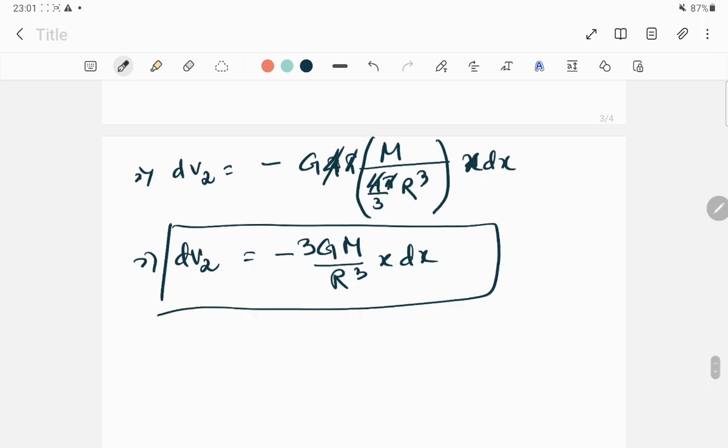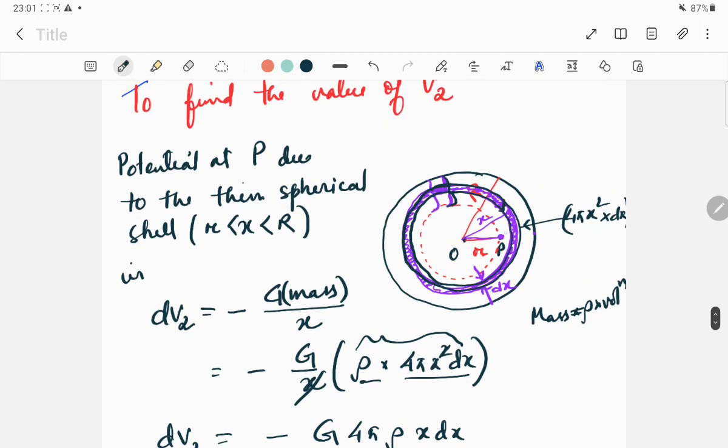This thing is a potential at the point P due to this thin shell of thickness dx and radius x. Now if I want to get it for this whole thing, I will have to integrate it. If I integrate the result for the thin shell, I will get the potential for this whole shell.